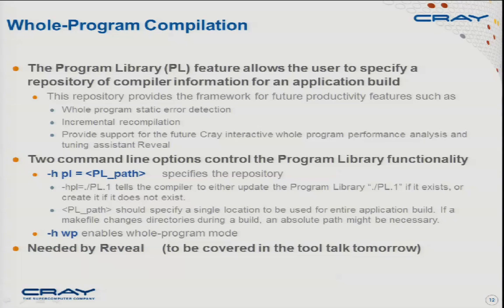When you compile your code, you can specify the option -hpl, and then you specify a directory where the compiler puts all the information during the compilation. We call this the program library, and we store all this information there. Then it is used, for example, by other tools like Reveal, but it can also be used for the entire compilation.